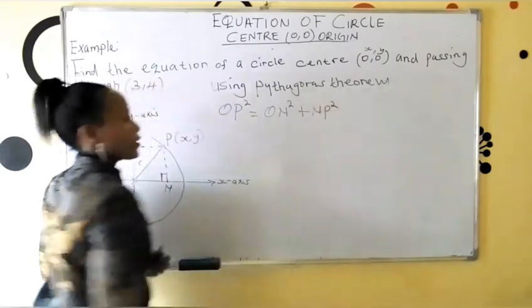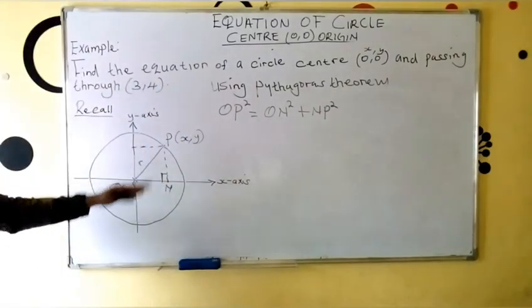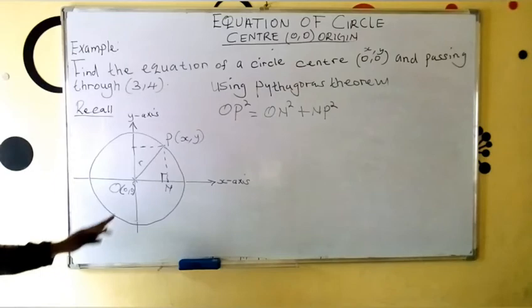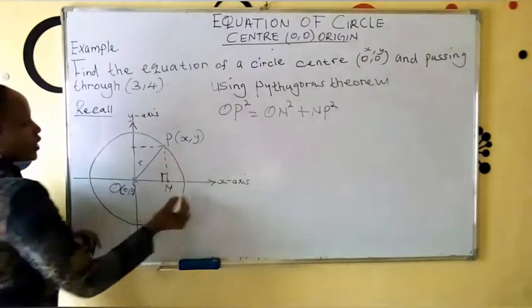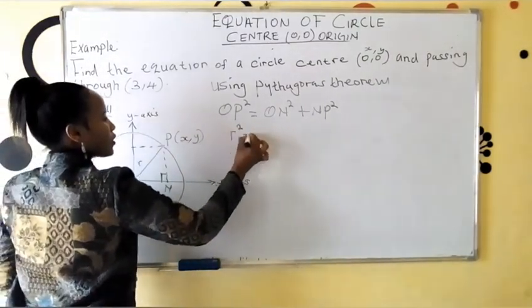Now OP is R units. OP squared is R squared.